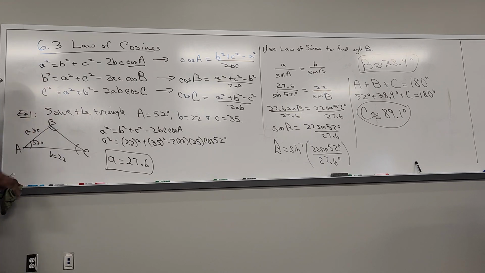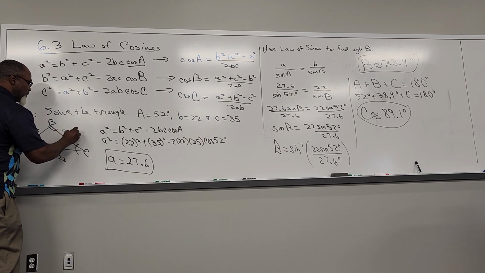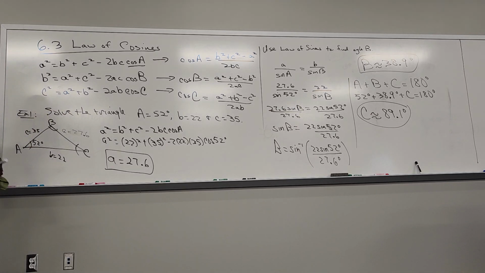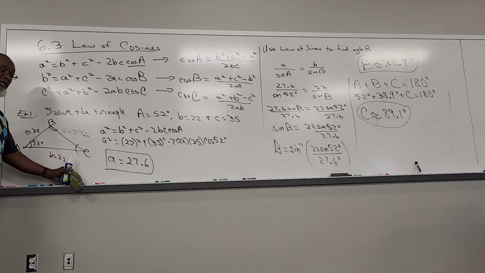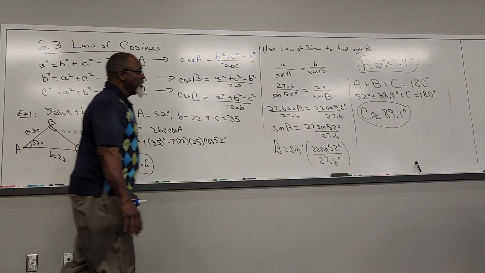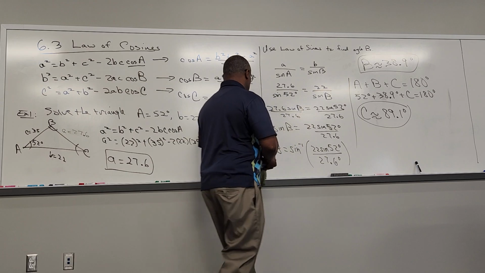So there was no way for me to apply the law of sines. This is why we need the law of cosines for these oblique triangles where we can't apply the law of sines. Once you get this unknown side and you find out that A is 27.6, then you can use the law of sines to find that next angle, angle B. You could have used another version of the law of cosines to find the rest of the information, but again, it is easier to apply the law of sines than the law of cosines.